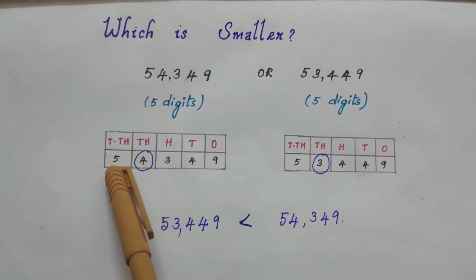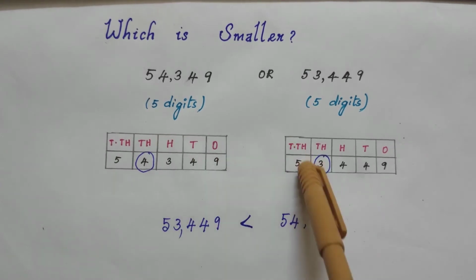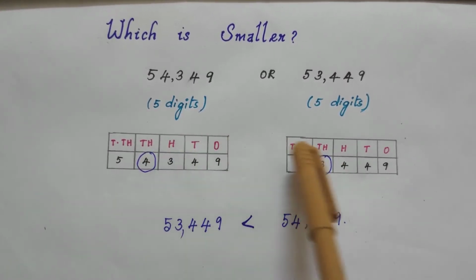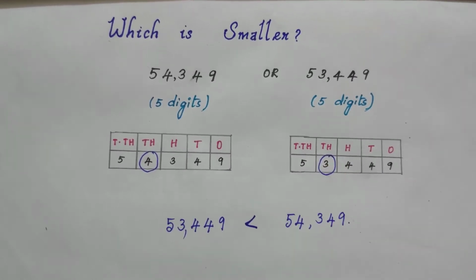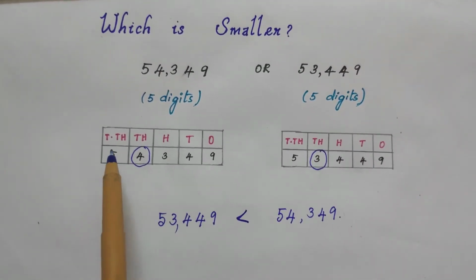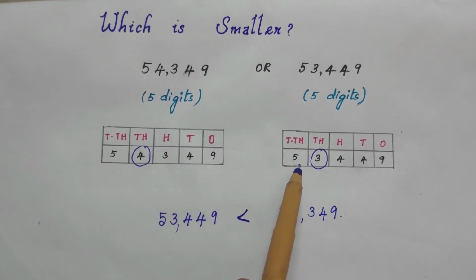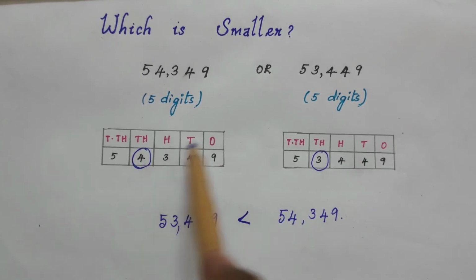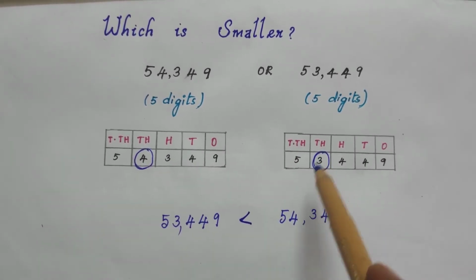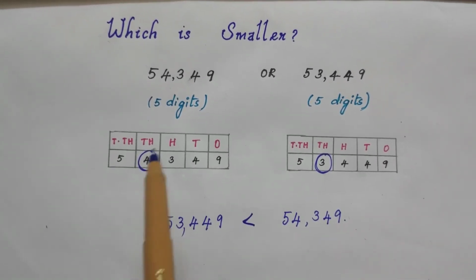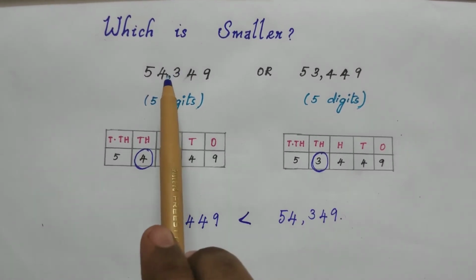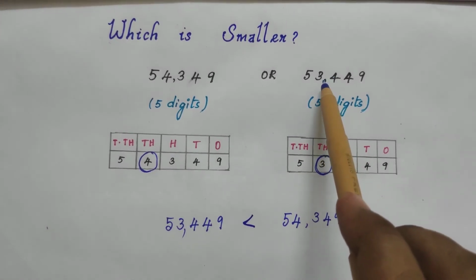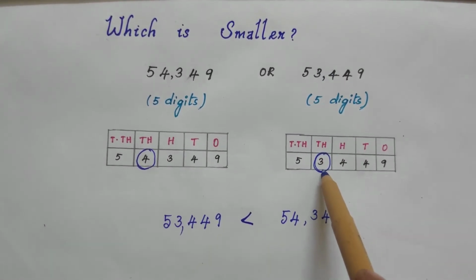If the digits in the 10,000s place are equal, then the next digit in the thousands place should be compared. Okay, so in thousands place, for the first number we have 4, and for the second number in thousands place we have 3.